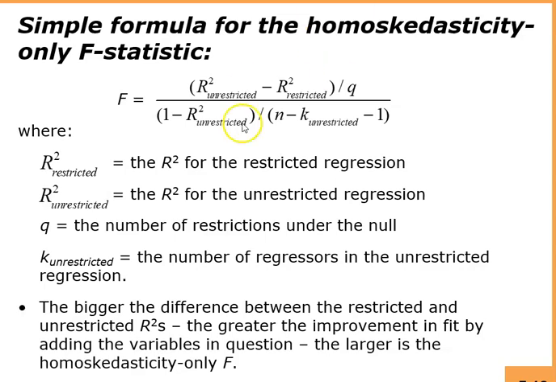You can see that first we have the R squared from the unrestricted equation minus the R squared from the restricted equation.